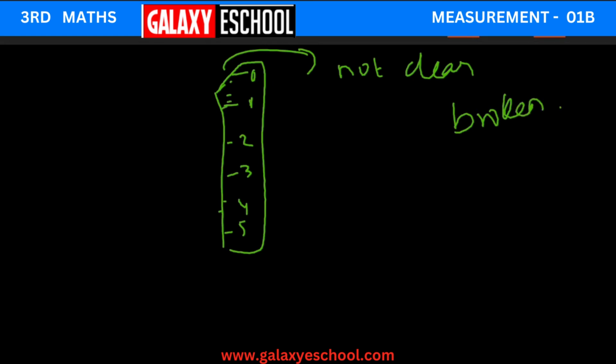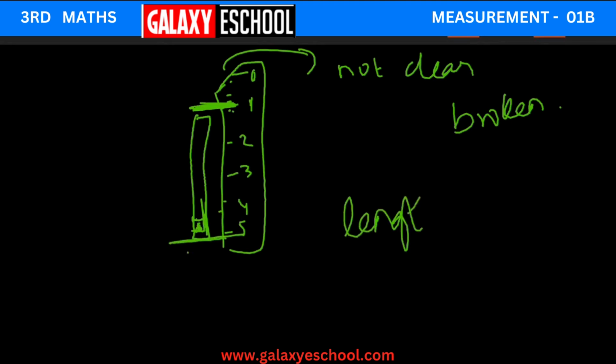Go for the next clear line, that is, go for the line that says 1 centimeter. Place the end point of the object coinciding with the 1 centimeter line, and then if we look at it, the object is ending at 5 centimeters. Now what will the length of the object become?